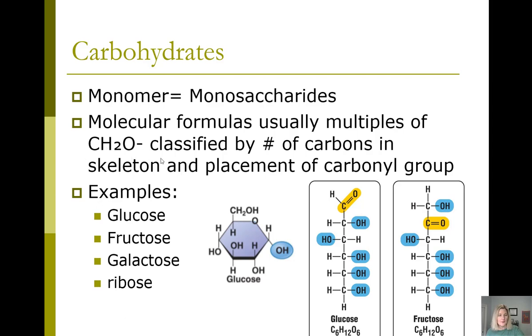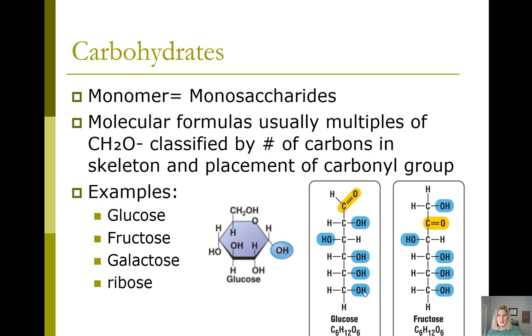So that's one thing that we'll notice, for example, with glucose. Look at glucose. It has 6 carbons, the same amount of oxygens, but it doubles the amount of hydrogens. Okay, fructose, it actually has the same formula. Hey, what's it called when we have 2 molecules that have the same molecular formula?